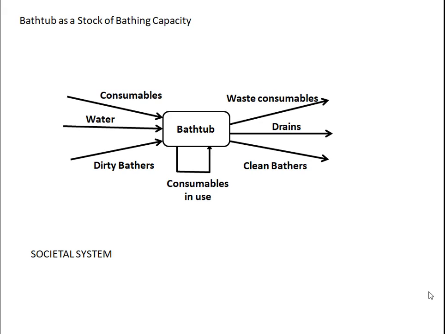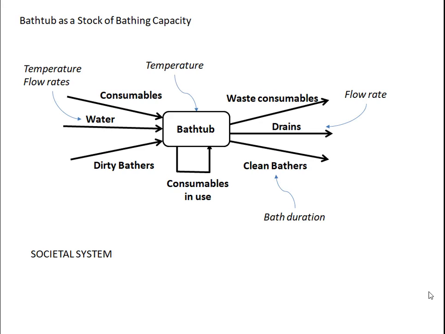But one way or the other, I have to account for the consumables coming in, them being used, and the waste coming out the other side. So this is the view of the bathtub as a societal system, where I'm no longer looking at how the bathtub works for keeping warm water moving, but how does the bathtub work as a societal system for letting people bathe.